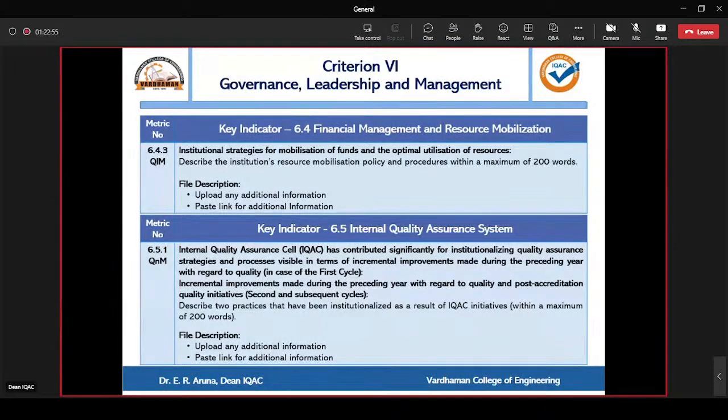The IQAC of the institution is a cell which continuously monitors the quality practices and ensures that all the institutional academic policies are thoroughly followed as prescribed by apex bodies. The primary responsibility of IQAC is to initiate, plan, and supervise various activities that are obligatory to increase the quality of the education imparted in the college.